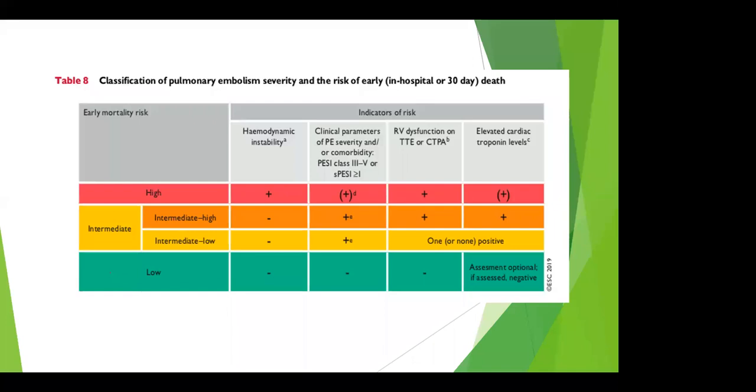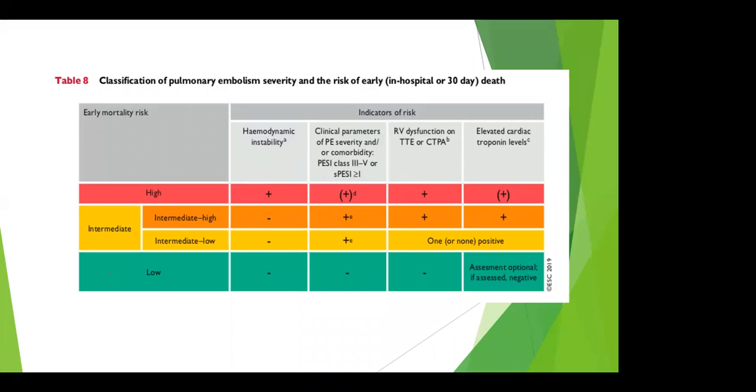So in a very simplest sense, any patient with instability is automatically classified as high risk. Okay, and any patient with absence of any of these 4 parameters, that means they are not unstable, they do not have a PASI score of at least 3, there's no RV dysfunction, TROP is negative. If everything is negative, they are low risk.